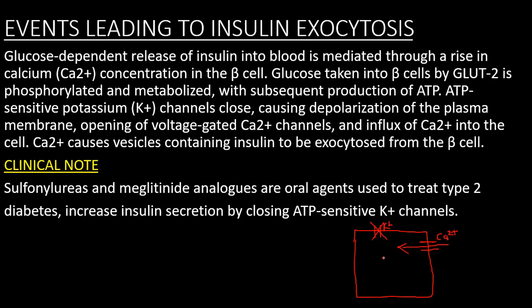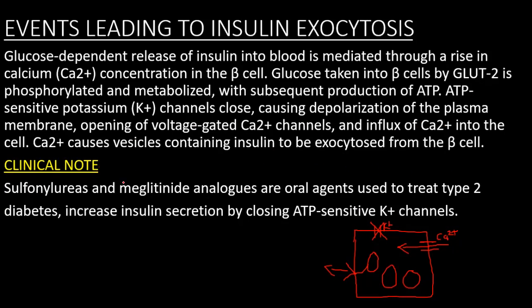Calcium is the one which will act on the secretory granules. These are the secretory granules which contain your insulin and the C-peptide. Once calcium enters, it will cause exocytosis, so you will see release of insulin. That is what this statement is saying.